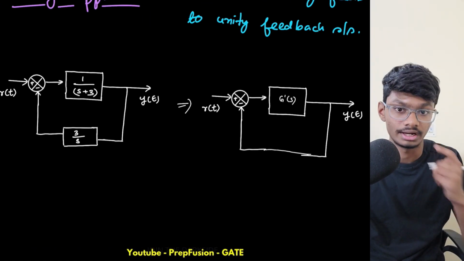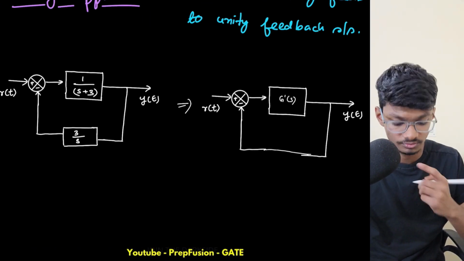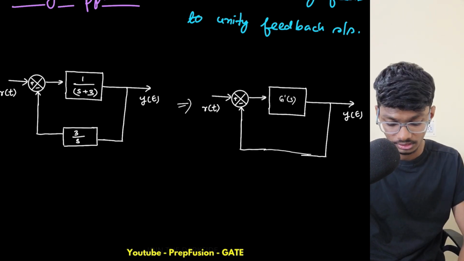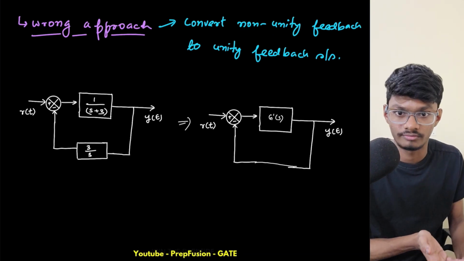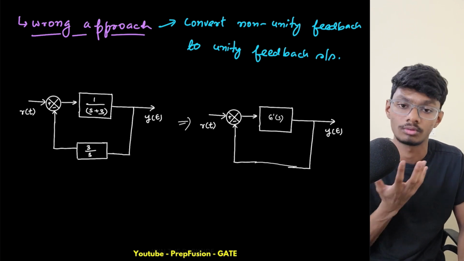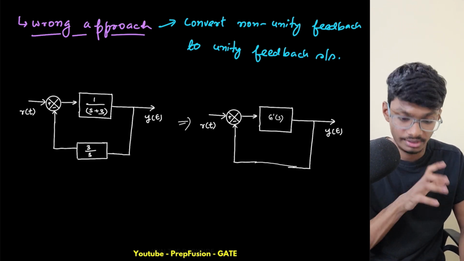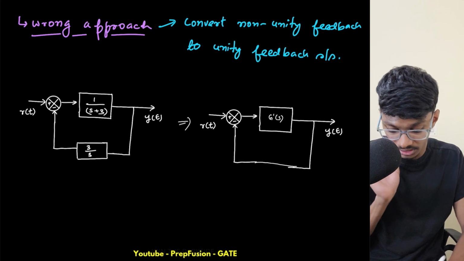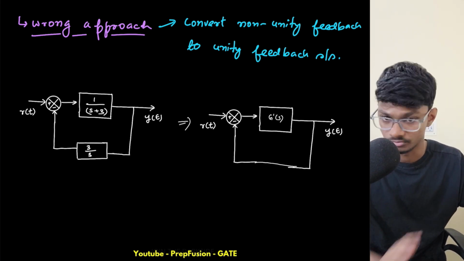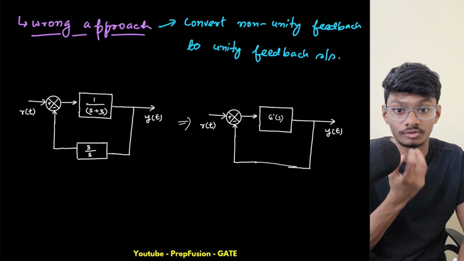So now my transfer function will be the same. That is the main motto, that obviously, I'm changing it to unity feedback, so the system will be changed. How can I make my response the same? They are talking about the response being the same. Obviously this is a wrong approach, but still I'm telling you what they are talking about.